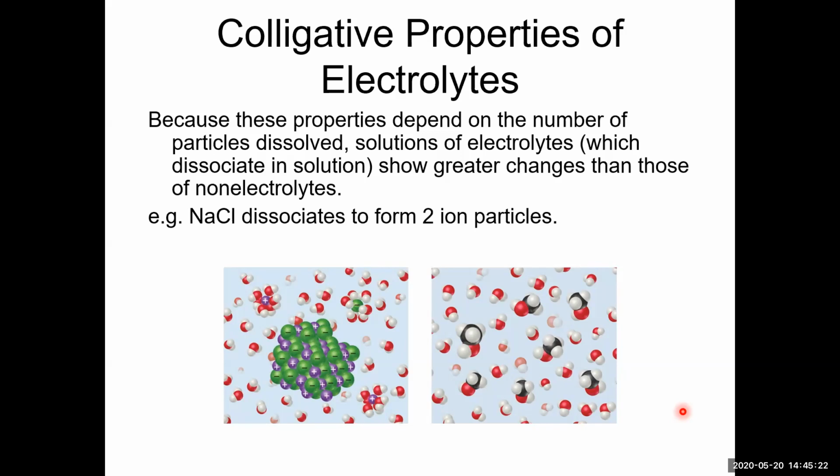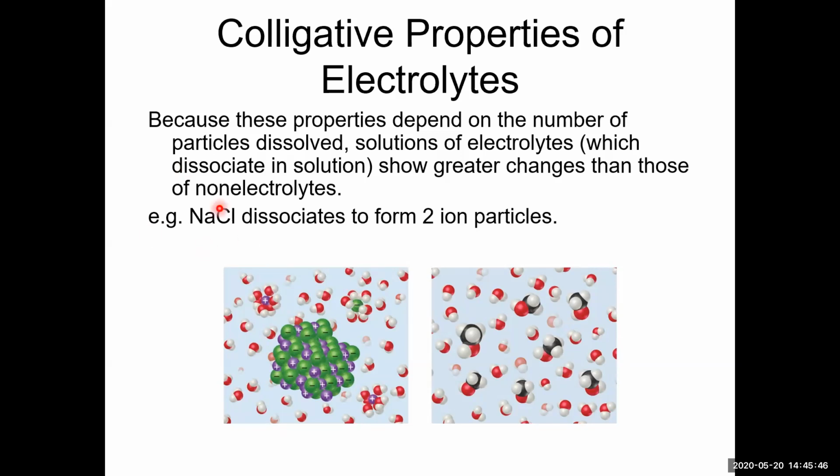For example, every sodium chloride breaks into 2 ions. We have a picture down here of sodium chloride dissolving. Every time, what we would call 1 sodium chloride is going to give us 1 sodium and 1 chloride. Colligative properties don't care that this is a sodium and this is a chloride. It just cares how many of them there are.